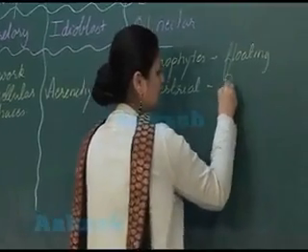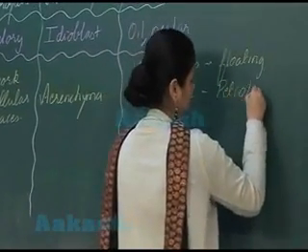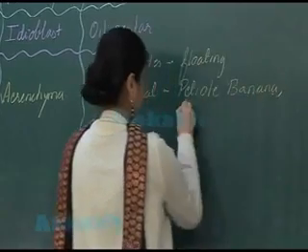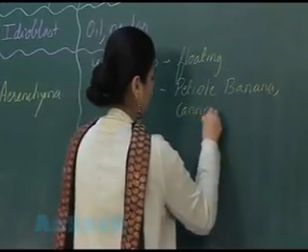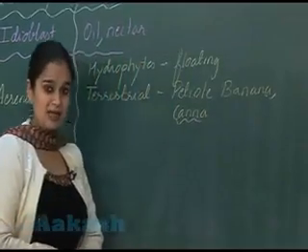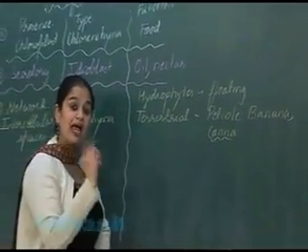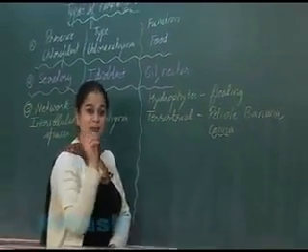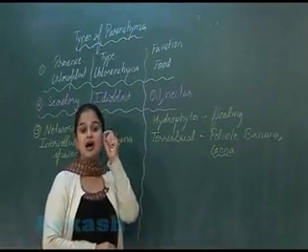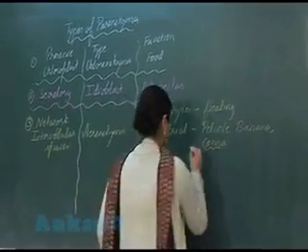Like it is present in the petiole of banana and in the petiole of canna. In banana and canna, the parenchymatous cells are star shaped, like this.